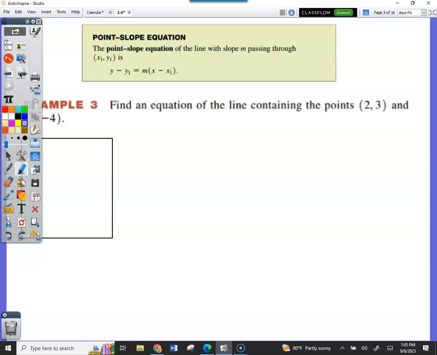So if you use the point-slope equation here, then you look at the points, and it might help to stack them so you have them lined up and you can see what you're working with.